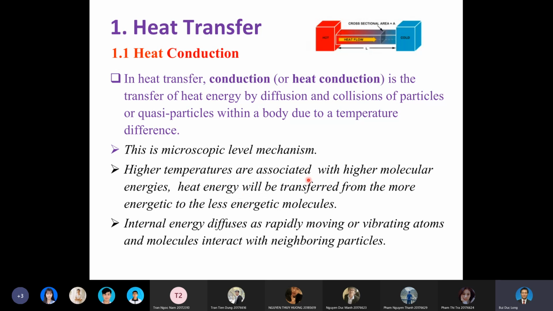Heat will transfer from the hot side to the cold side because the hot side receives higher energy, so the particle, for example an atom or electron, becomes excited. It will transfer energy to the neighbor particle, which has less energy. That is the mechanism of heat transfer.